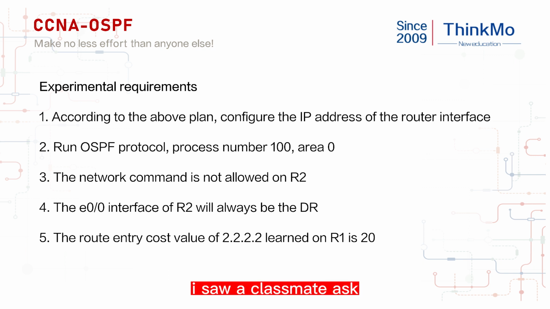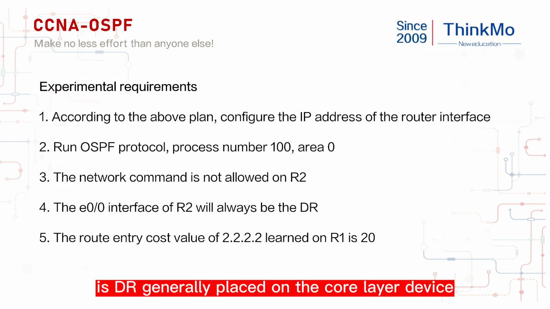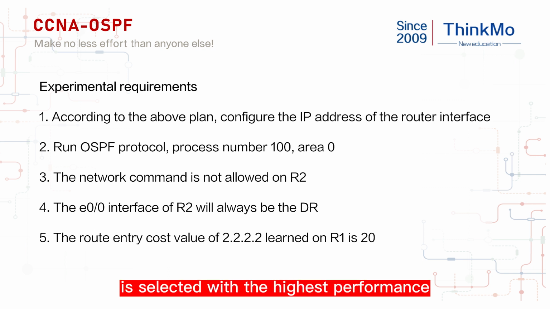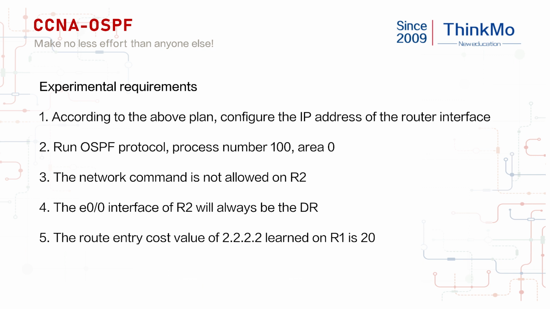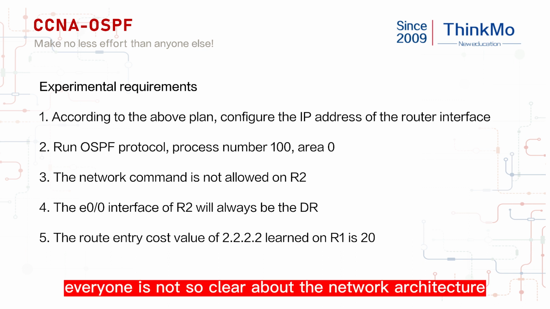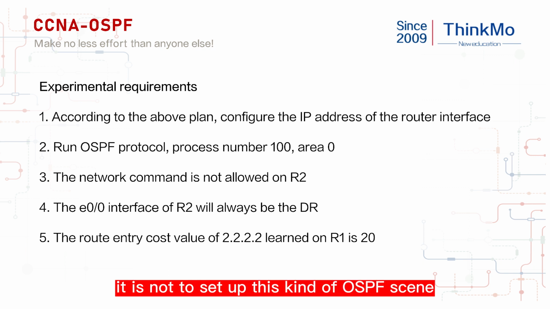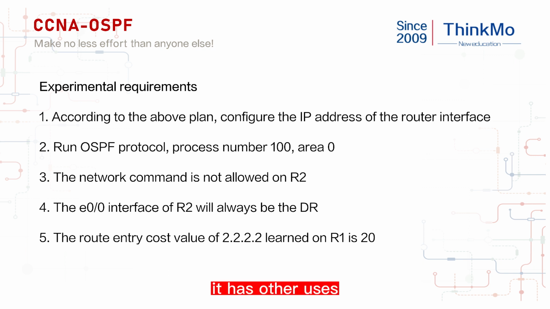I saw a classmate ask, is DR generally placed on the core layer device? Generally for us, not a core layer device. The core equipment is selected with the highest performance, but in fact everyone is not so clear about the network architecture. For core equipment, we run OSPF there, but it is not for this kind of OSPF scene; it has other uses.